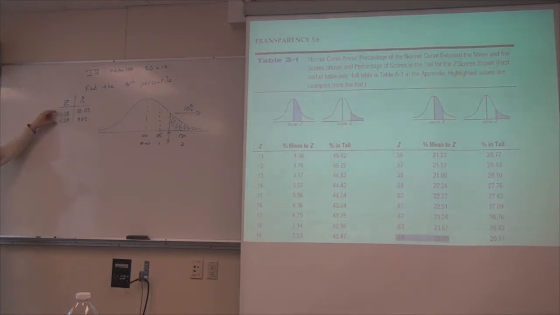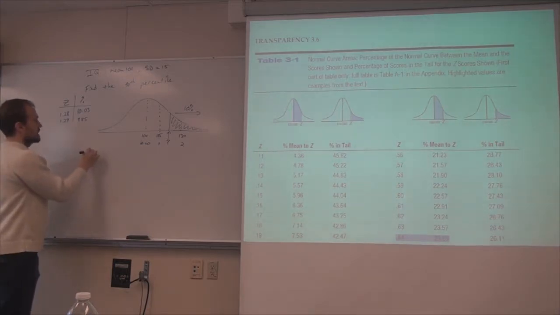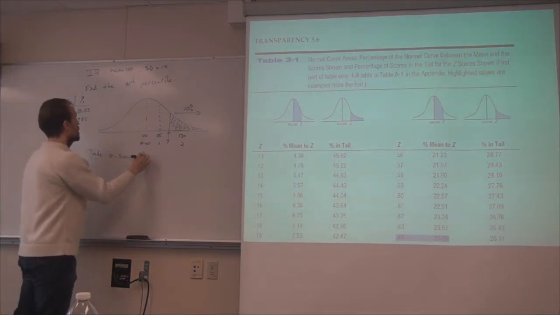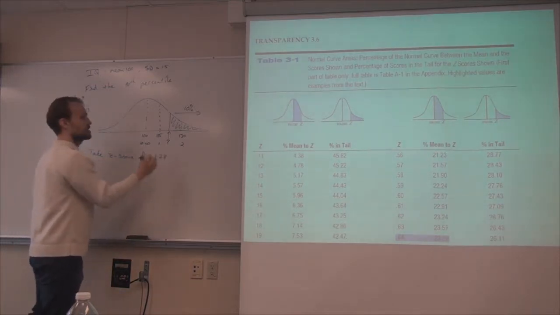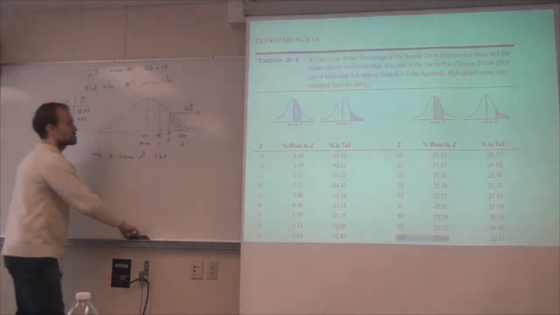Then you can either still pick the closest one or pick the halfway point. So do whichever one feels good to you. I'll accept both. So we can take the Z score of 1.28. I think that puts us close enough. It's okay.